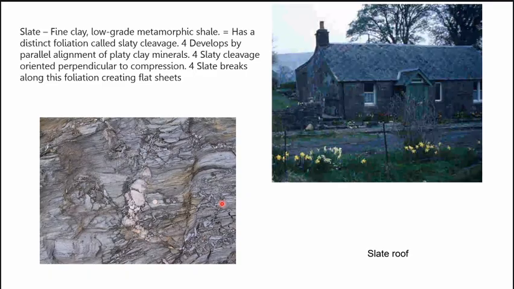So this is what a slate looks like. They are fine-grained, low metamorphic grade rock that has distinct foliation. It is foliated in one direction. It can have bedding because of this foliation.